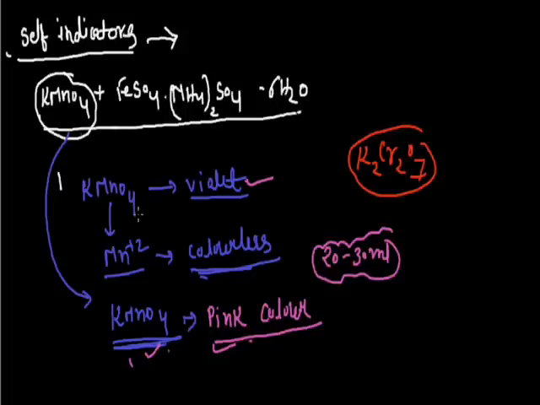But KMnO4 is a good oxidizing agent and its color is very intense, so a single drop indicates the light pink color. That's why we use KMnO4 as a self-indicator but not potassium dichromate. If we perform the titration with potassium dichromate, then we use an external indicator for detecting the endpoint.